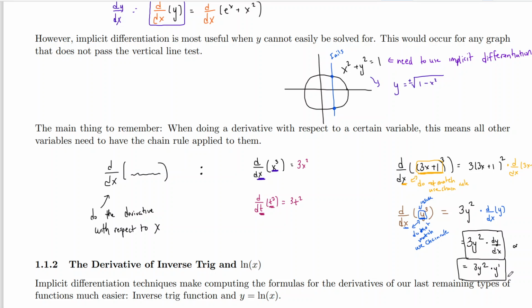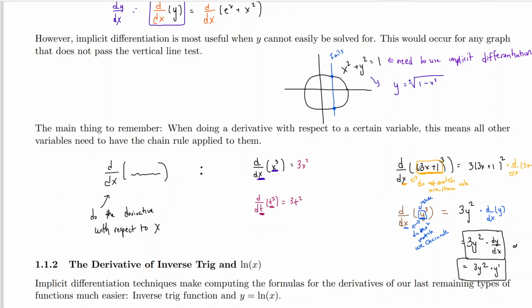All right, so the main thing I wanted to introduce here at the beginning was the idea of what we're going to be doing, because I didn't want us to go through problems and come across a y cubed in a problem and write 3y squared times y prime and then have to re-explain all this. So just keep in mind, whatever letter you're taking the derivative with respect to, it doesn't matter what it is.